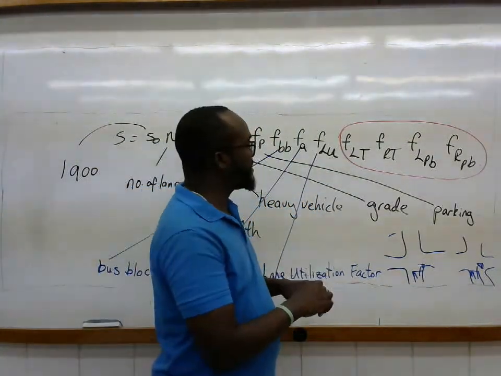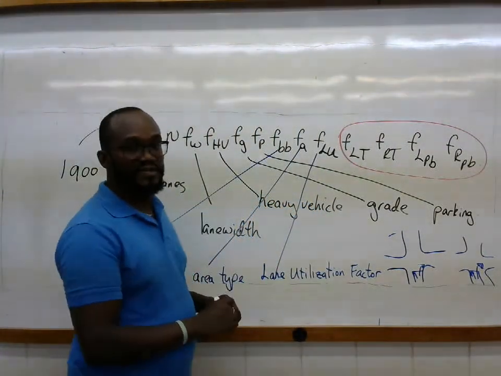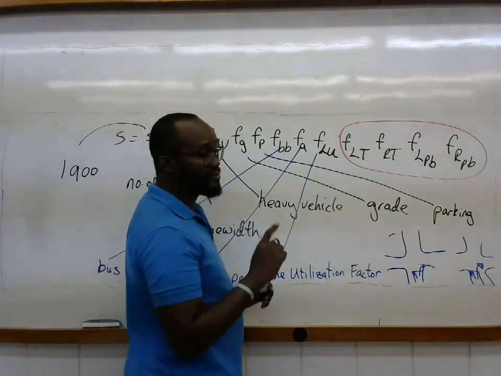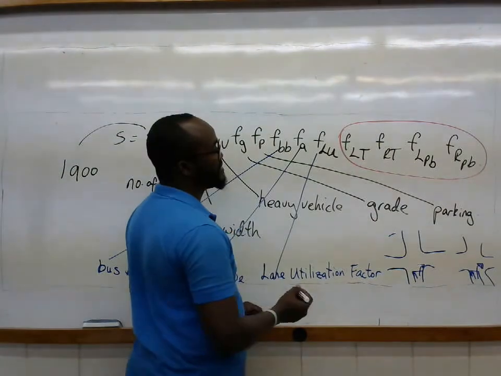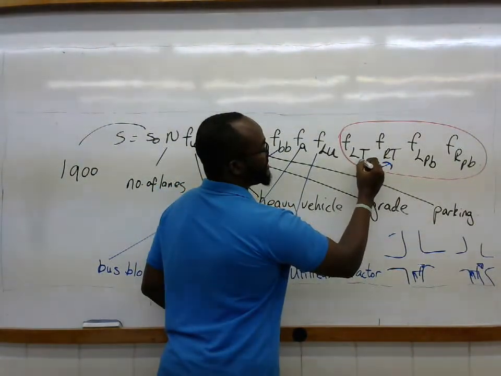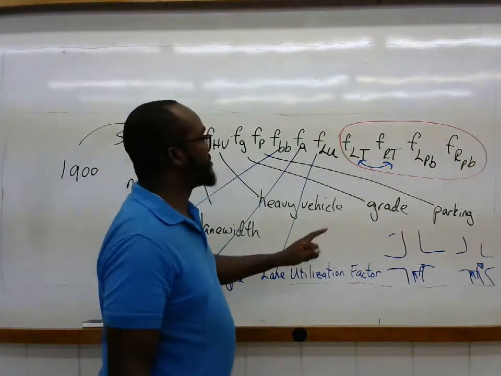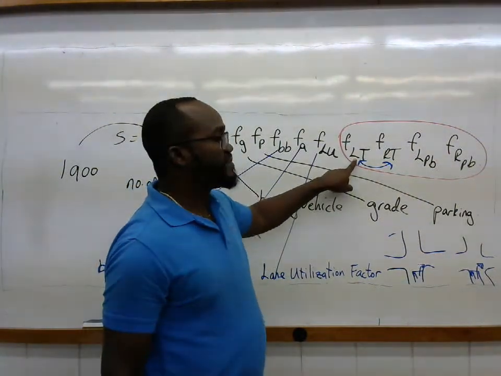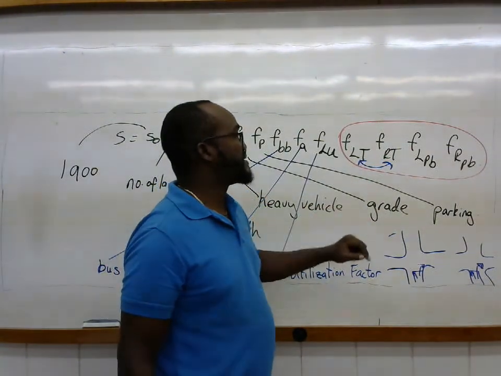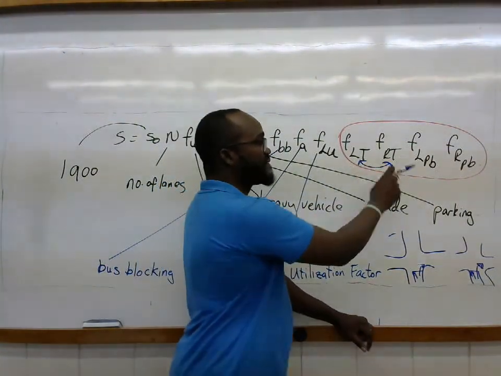So what does that mean? Well, for the purposes of our analysis in the Caribbean, while using the AASHTO manual, these terms must be interchanged. So FLT becomes FRT, and FRT becomes FLT. So these are for right turning vehicles.